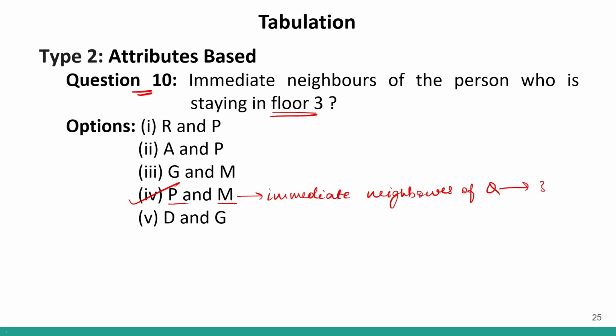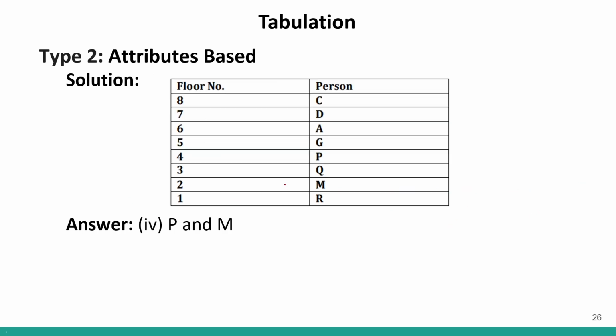Q is staying on the 3rd floor. So the answer will be P and M. P and M are the immediate neighbors of Q who is living on the 3rd floor.